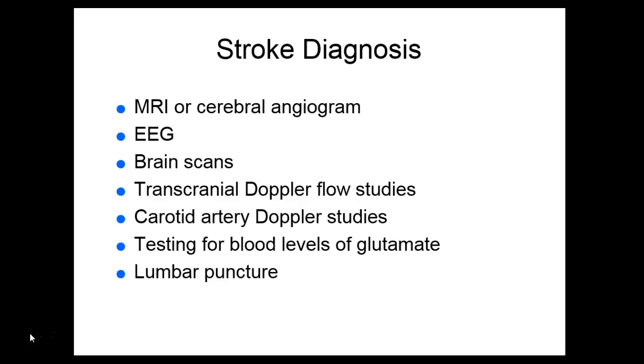They may test for blood levels of glutamate, which increases during a progressive ischemic stroke. And also a lumbar puncture may be done if they feel that there's a chance that a hemorrhagic stroke is occurring, and they'll look for blood in the cerebrospinal fluid.